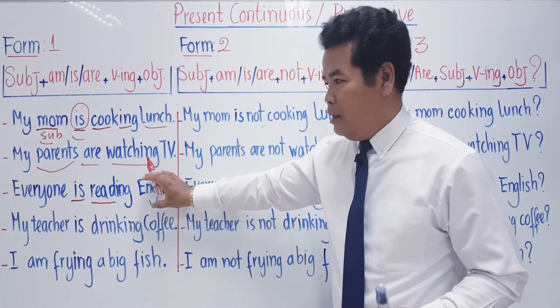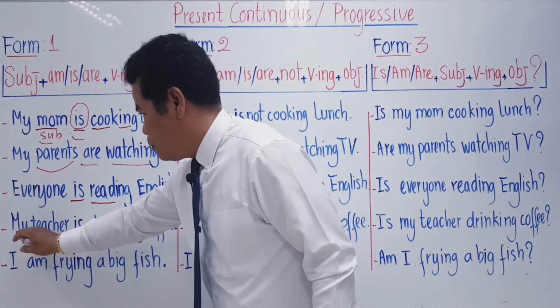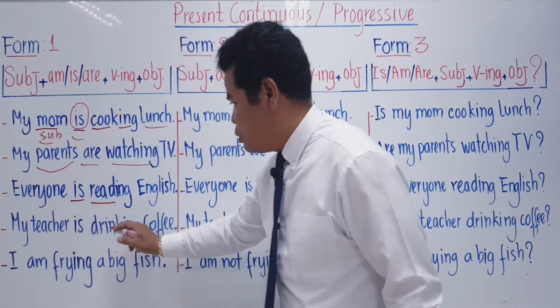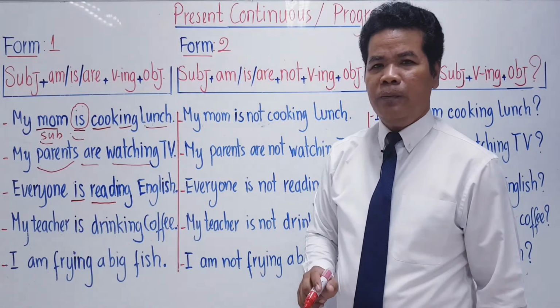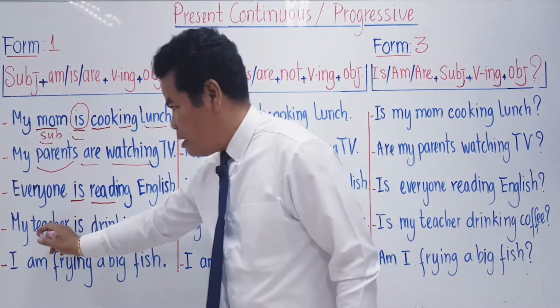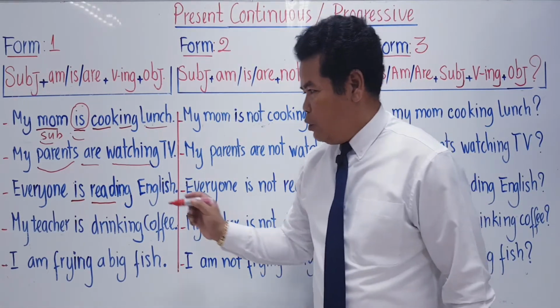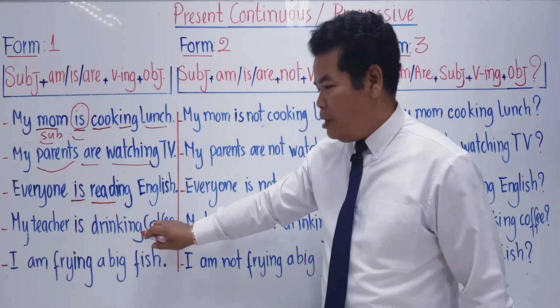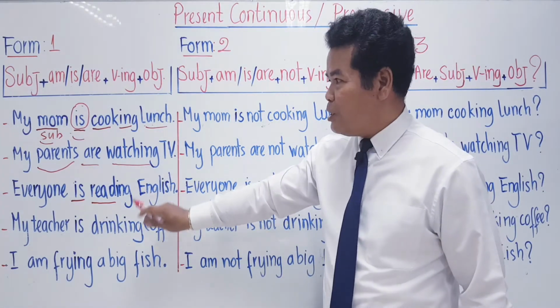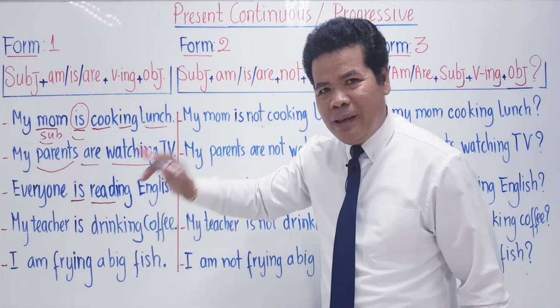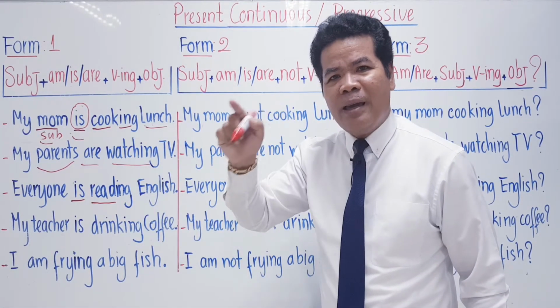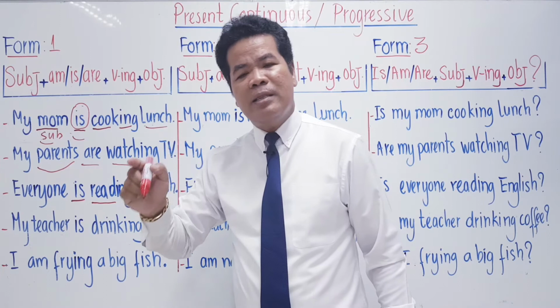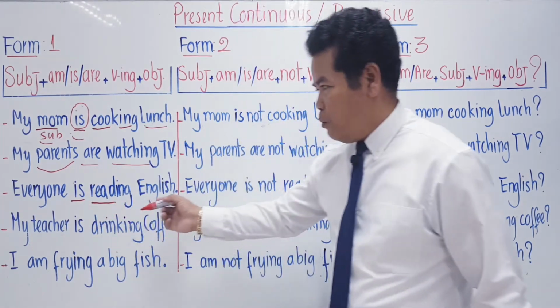Right? Let's go to the other example. My teacher is drinking coffee. Do we have a subject? Yes. Do we have part of verb to be? Yes. Do we have verb plus ing? Yes, of course we have. So this is the correct form. And think about the correct sentence. So what is it?